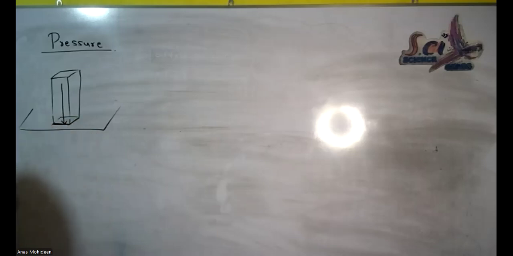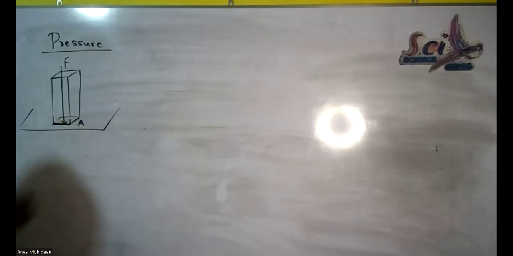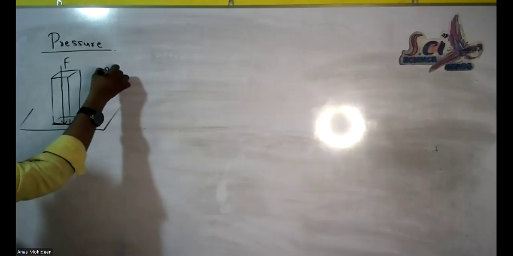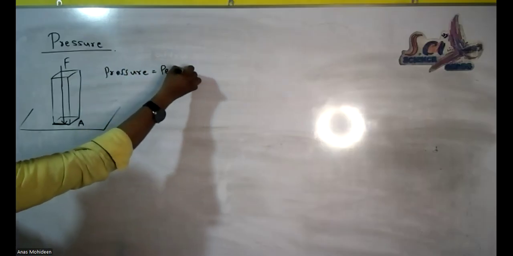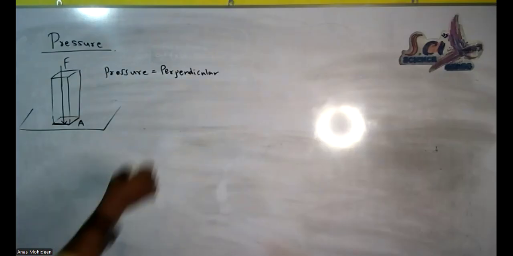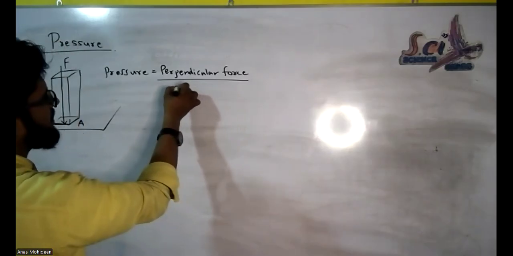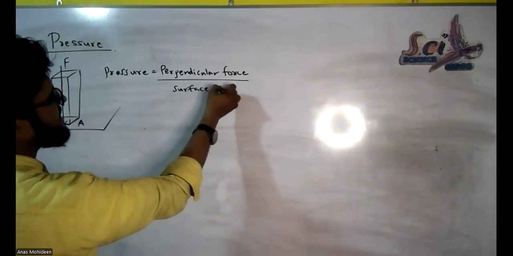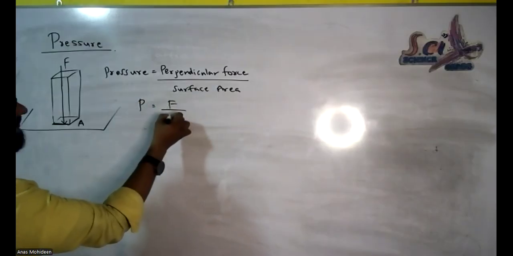The force you are giving here is F. Area here is A. How do you find out the pressure? Pressure equals, we term it as the perpendicular force. What is the force we are taking here? Perpendicular force over contacting surface area. So P is equal to F over A.